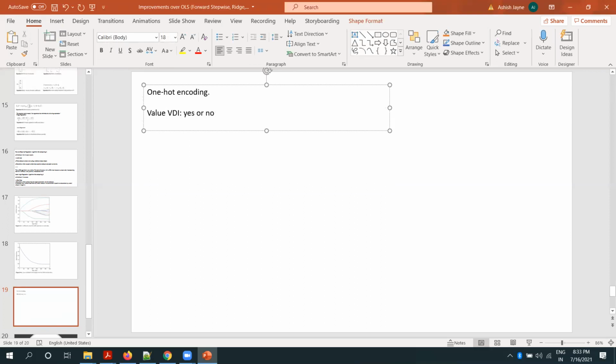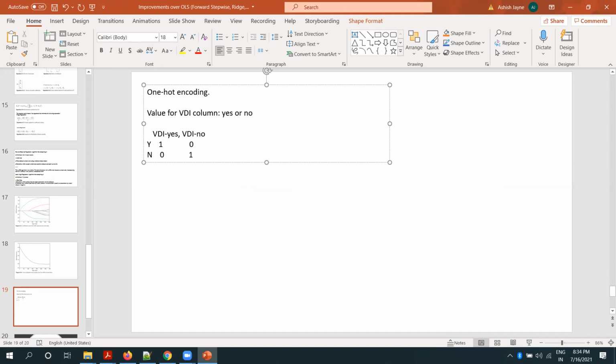The VDI column has values yes or no. Now you would create VDI yes and VDI no. If the input is yes, you would say 1 for VDI yes and 0 for VDI no, and if it is no, then you would say 0 and 1.